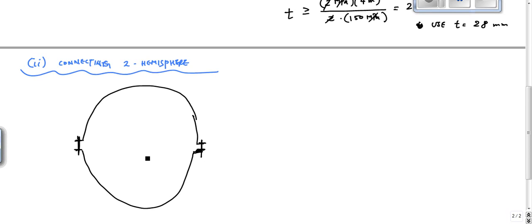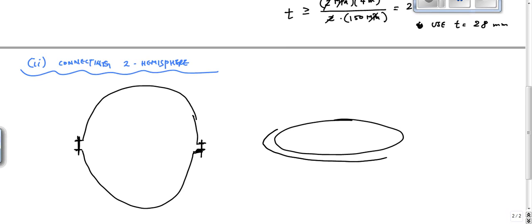If I look at one side of this and draw a free body diagram, here's that lip again, and then the sphere coming like that.